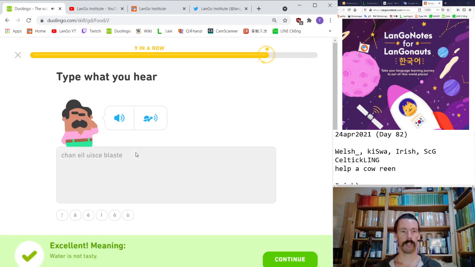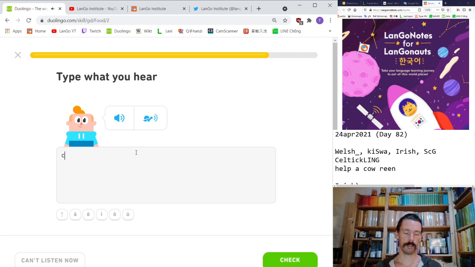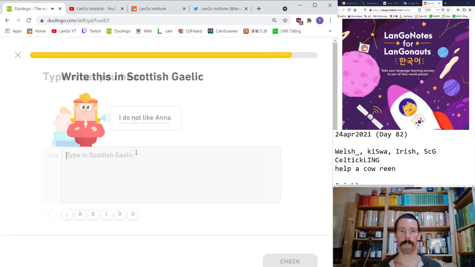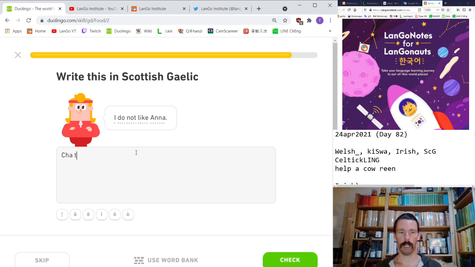Blasta, water is not tasty. Uisge, oh, interesting. Chan eil toil... Chan eil toil agam. Like column.